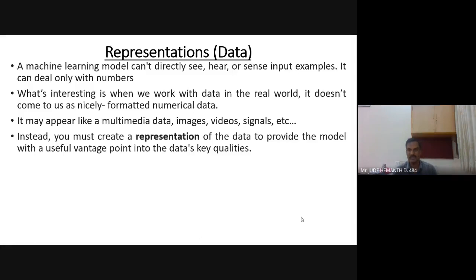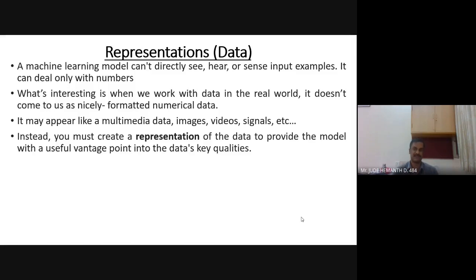So the only thing you can do is an alternate form of representation. Whatever data you have in the real-time situation, you cannot use that directly. You are going to represent the data in a different way. Maybe most of you are doing mini projects now.